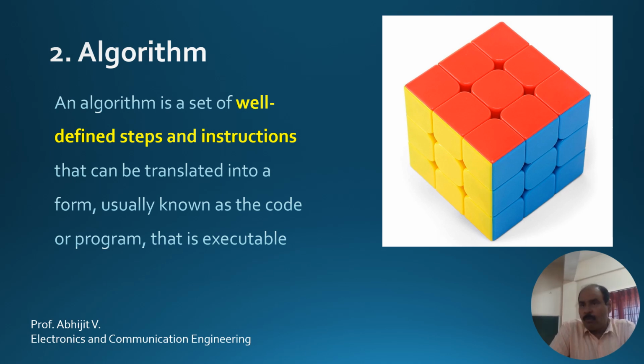Algorithm means what is the first step, what is the second step, what is the third step, and what is the final step, which are the steps that have to be repeated, and so on. So an algorithm is nothing but the set of methods through which you are going to solve any problem.